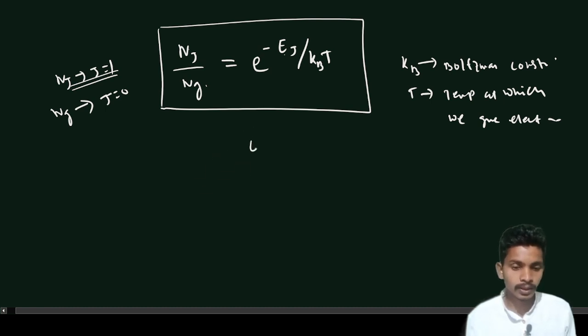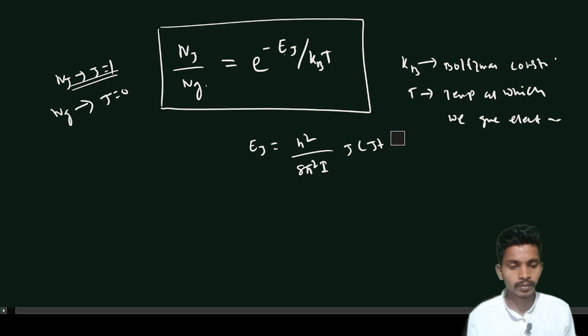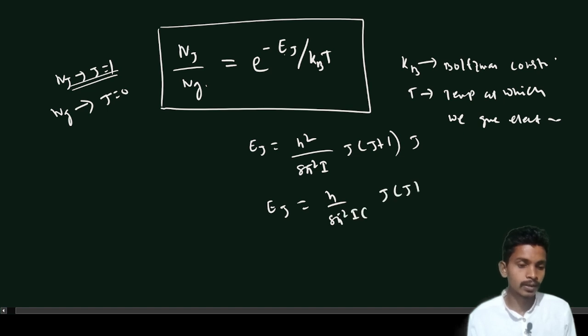So this E_j is, you know, h squared over 8 pi squared I, that is j into j plus 1, if I am talking about joules. And if I am talking about centimeters, then I will use h over 8 pi squared I c, into j into j plus 1.